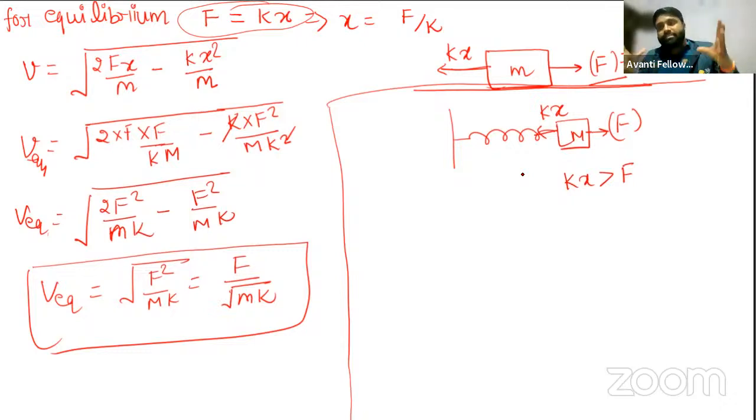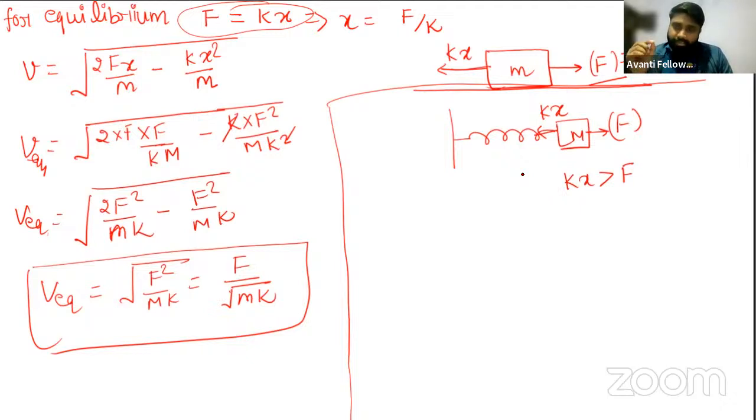The more stretching there is, the more this spring force increases. A time will come when this spring force will equal this constant force, and that is why we have kept this capital F constant. Just after that moment, this force applied by us, capital F, is not sufficient to pull the block further.